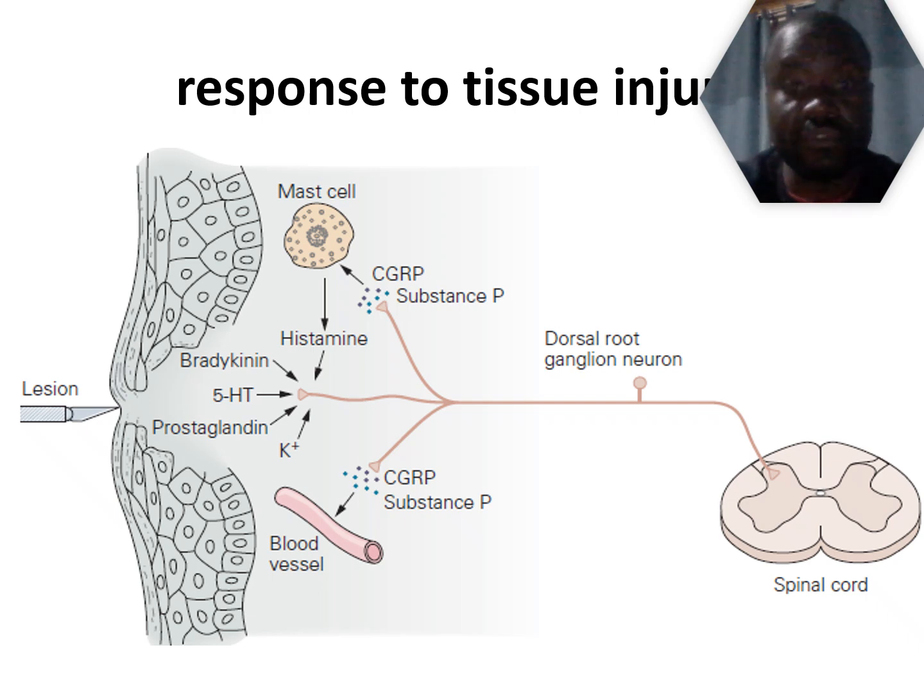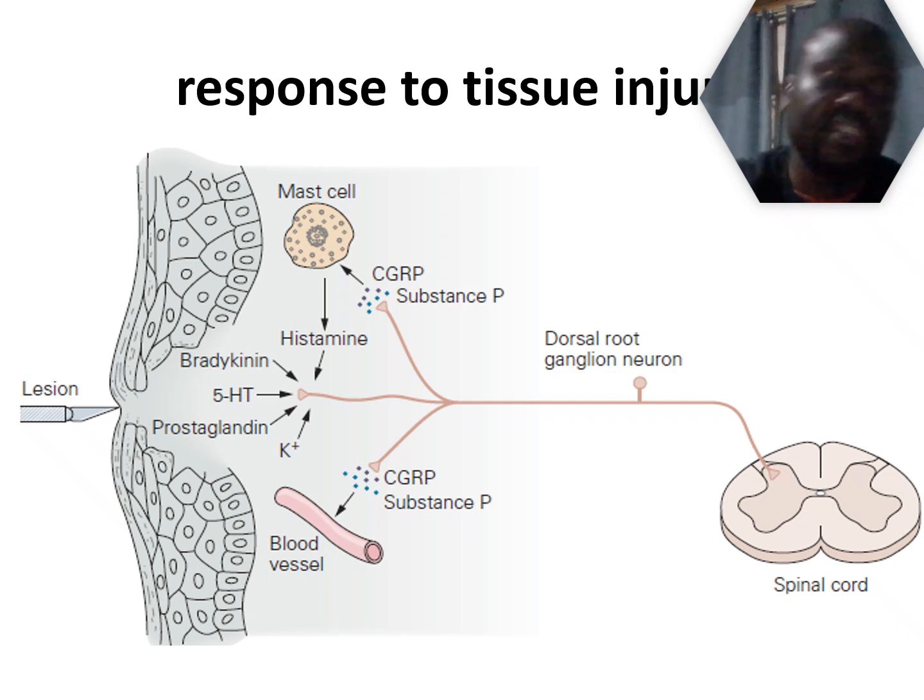Usually the stimulation by histamine is very minimal. That is why histamine causes itching during allergies instead of pain. Itching is just low pain signals. So what we are seeing is that we are having histamine, calcitonin gene-related peptide, substance P, potassium, as well as serotonin.